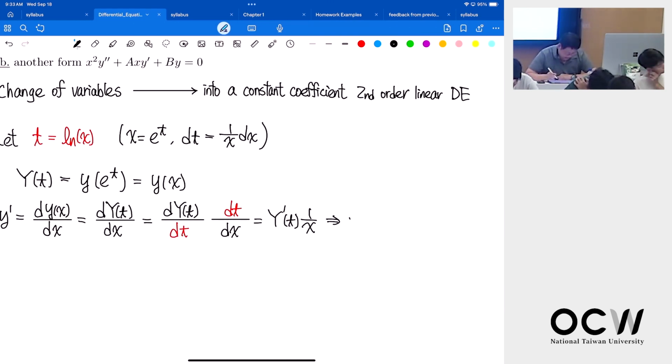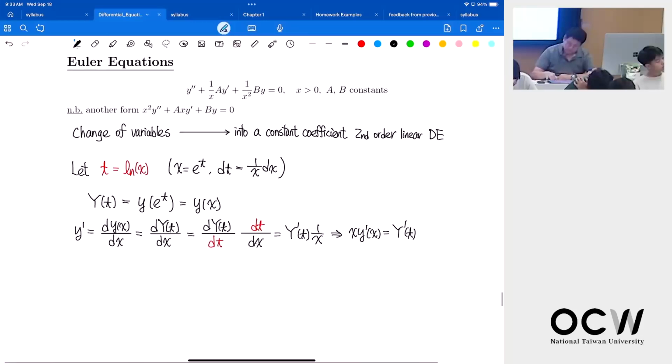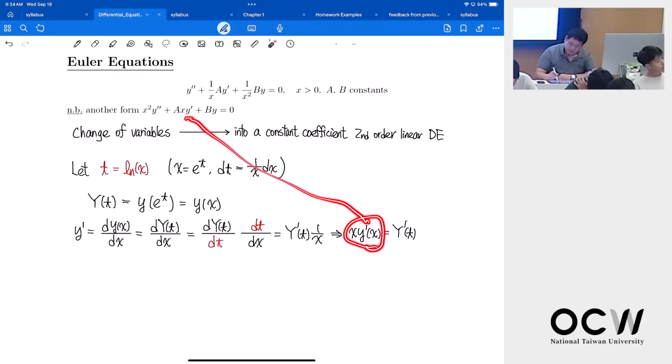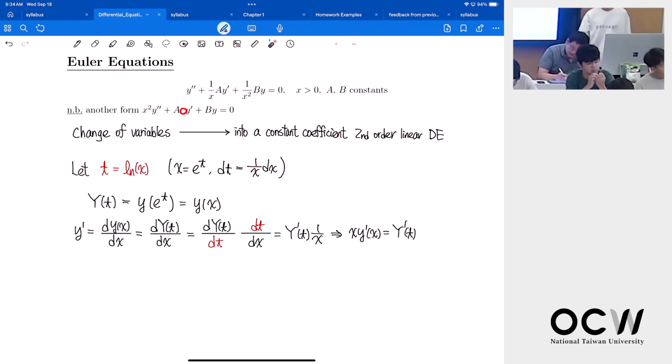That means x y prime of x is capital Y prime of t. So for x y prime, I can change this part to capital Y prime of t. Then I keep the constant and eliminate the variable x.